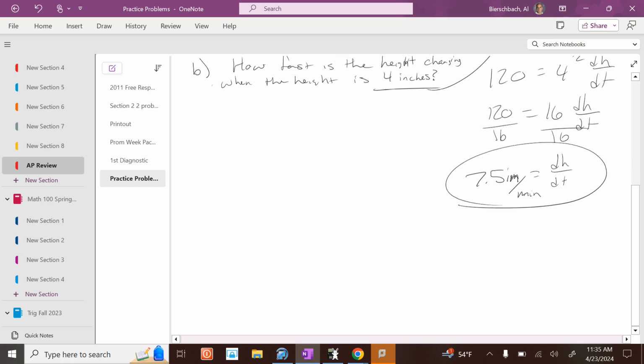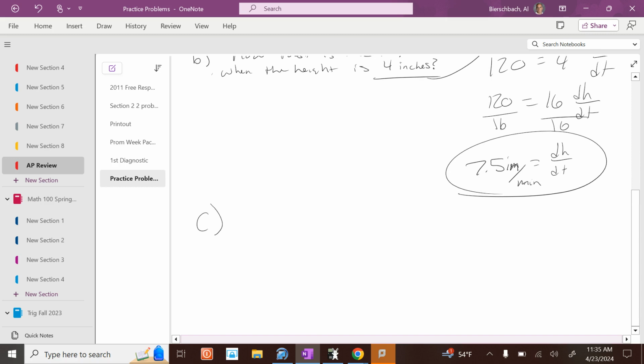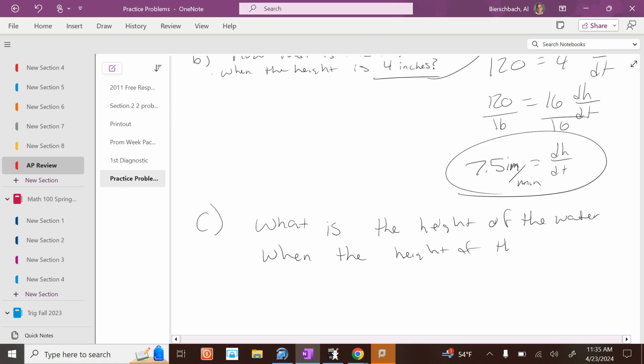Let's throw an easy thing at you. What is the height of the water when the height of the water is increasing at 6 inches per minute?